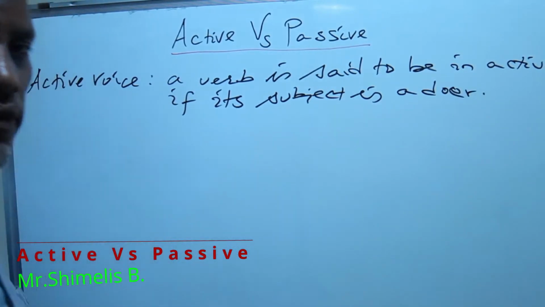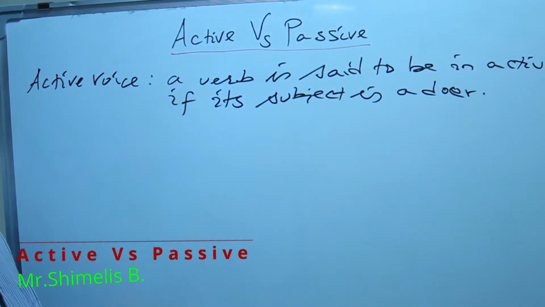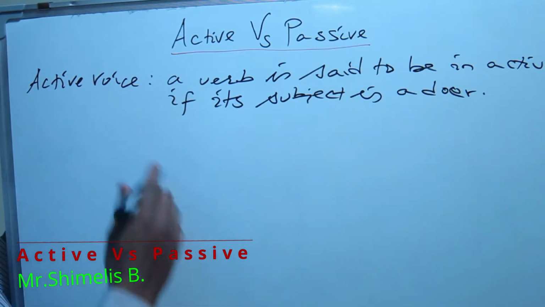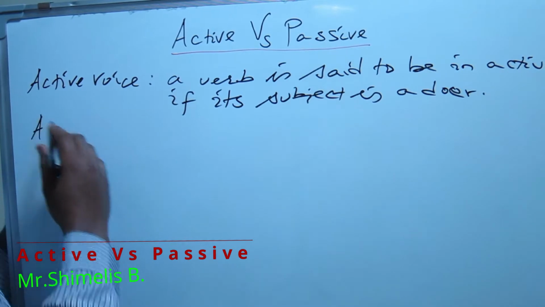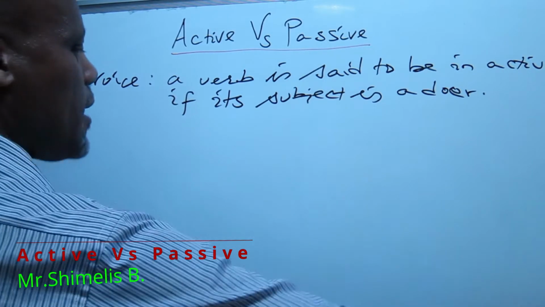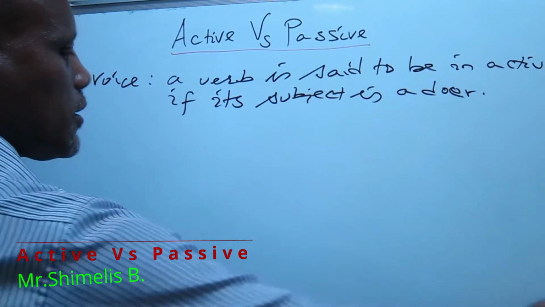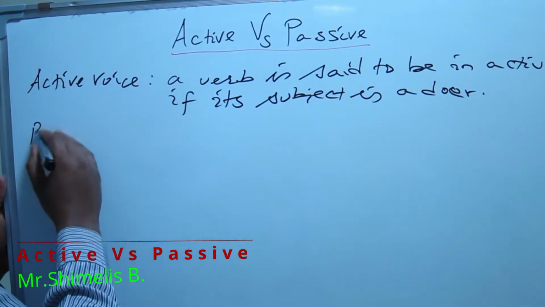If its subject is a doer, a verb is said to be, or a sentence is said to be in active, and a sentence is said to be in passive voice.